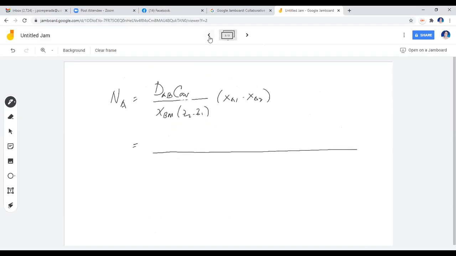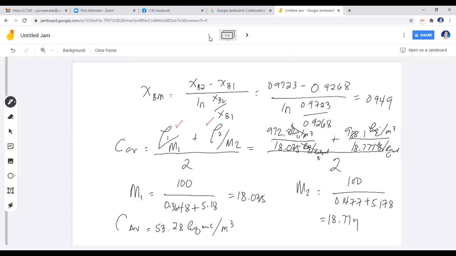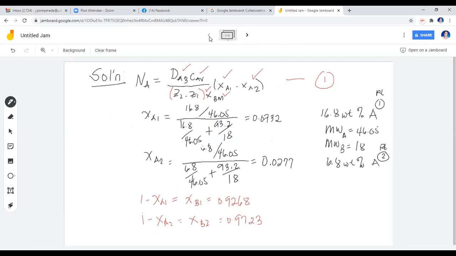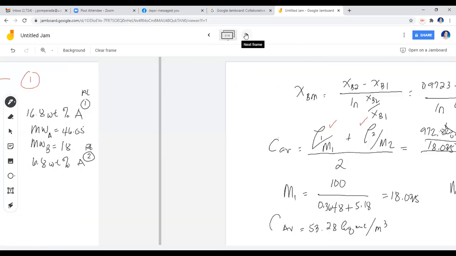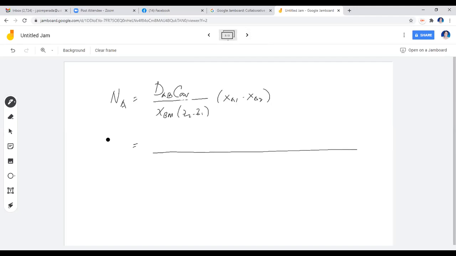So our DAB, the problem gives us a molar diffusivity of ethanol of 0.740 times 10 raised to negative 9, and this is meters squared per second.